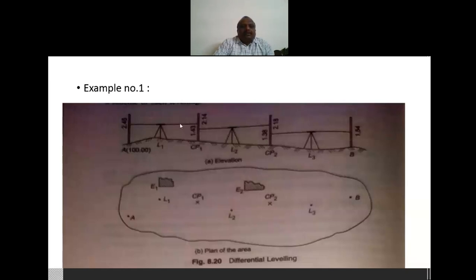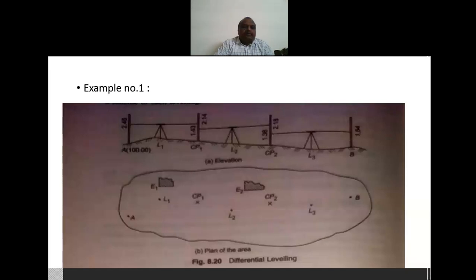In this figure, L1 is the first instrument station, location 1. So here, as per the procedure of initial setting or temporary adjustment, the instrument will be set up at the L1 location, and by bisecting the staff, the reading on station A is 2.45. 2.45 is the backsight.